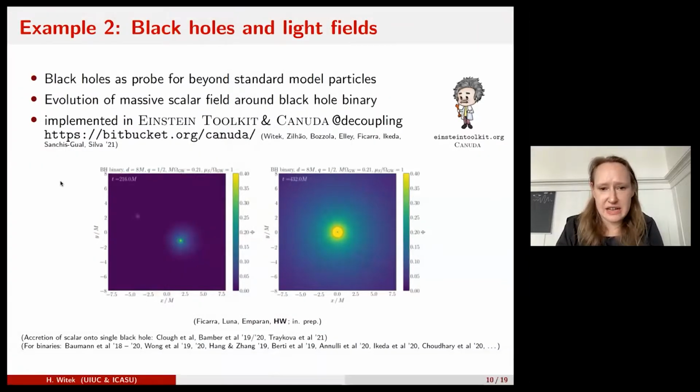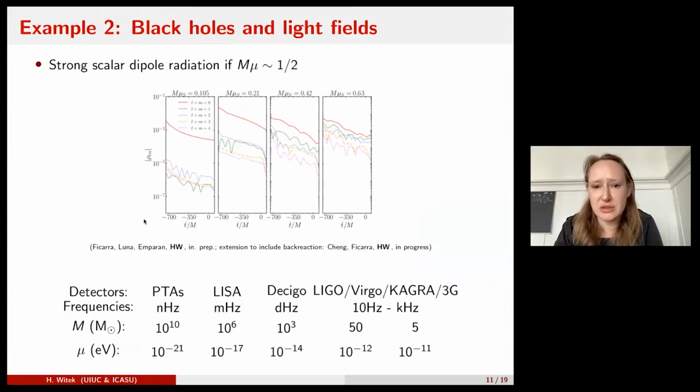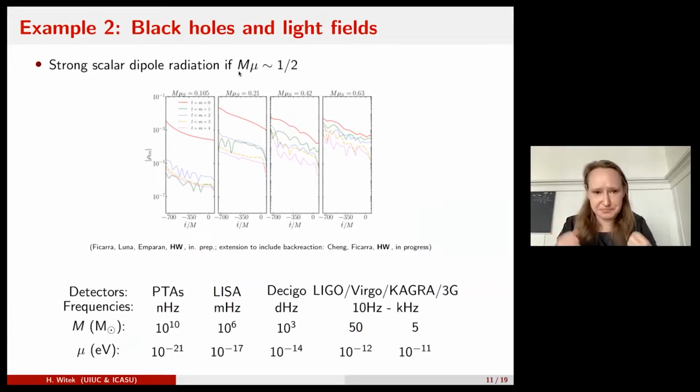Good. So let's have a look at this radiation, at the scalar field multipoles, in a little bit more detail. And for that, we are actually looking here at 4 different scenarios. And by 4 scenarios, I mean this ratio, black hole mass times mass energy of the scalar field. So remember, this parameter basically gave us a ratio between the Compton wavelength of the field and the black hole size.